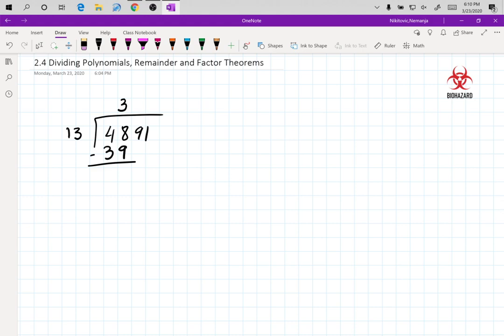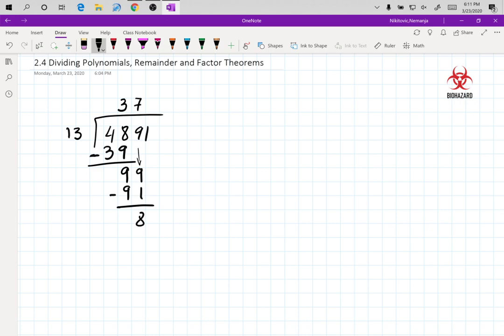All right, so 13 into 48 goes 3 times. 3 times 13 is 39. Not 36, 39. There we go. So now we subtract. That's the minus over here. So we get 9. Then we drop down 9 and we have 13 into 99. Maybe 7. Try 7. 7 times 13 is 91. Perfect.